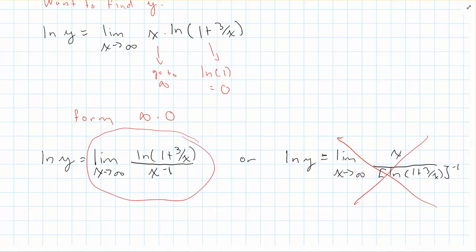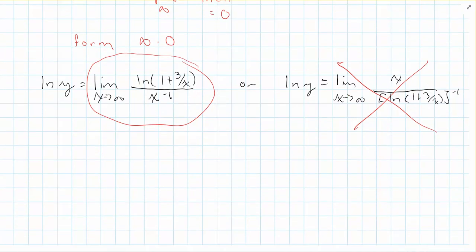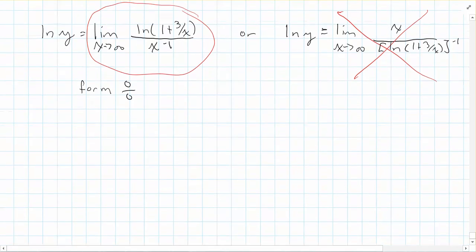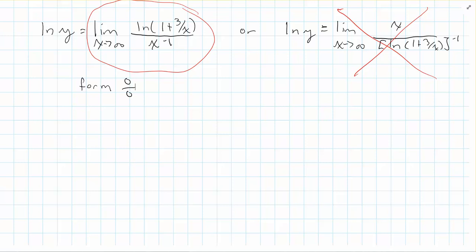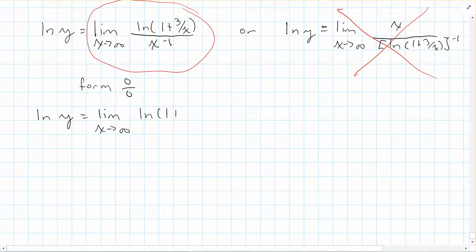Alright, so then let's go ahead. Now, I could write down the form what this is. If I want to write down the form, this form here is 0 over 0. But really what we end up getting here is we just have to apply L'Hopital's rule. Now I'm going to write here natural log of y is equal to the limit as x approaches infinity of the natural log of 1 plus 3x to the minus 1 over x to the minus 1.